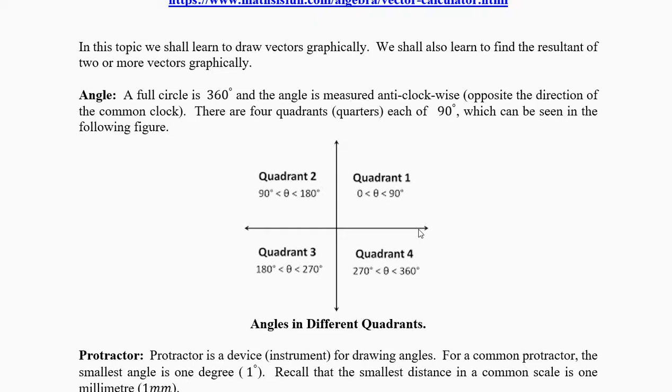So on your watch the number 12 is used for both 0 and 12. In a 24-hour clock, 24 is used for both 0 and 24. The same thing happens here. The circle repeats after 360 degrees.